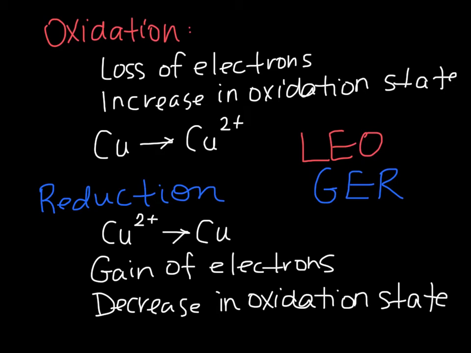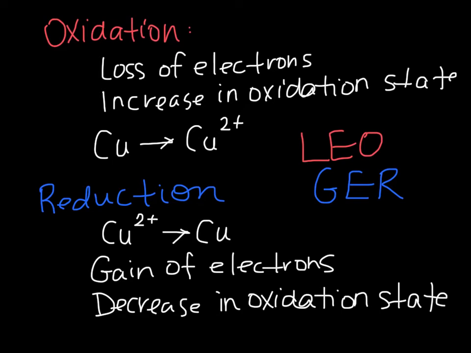So the half reactions in a redox reaction describe the chemical changes that are occurring at the electrodes. And each of the half reactions that takes place, the oxidation and the reduction, contributes to the potential difference and therefore to the cell potential.